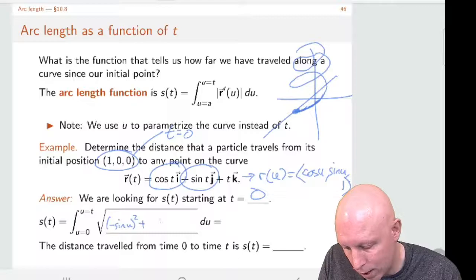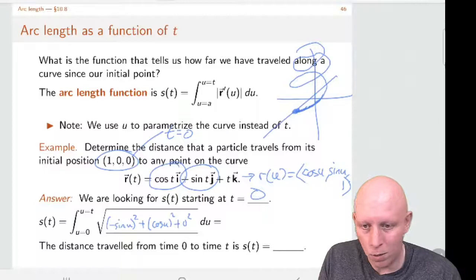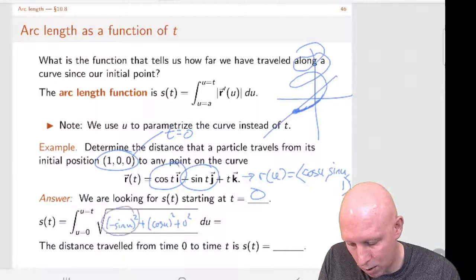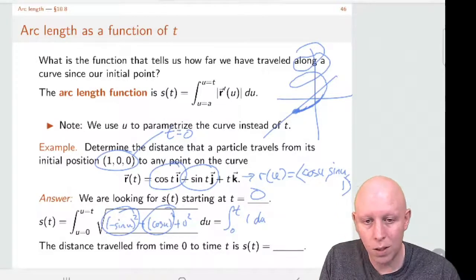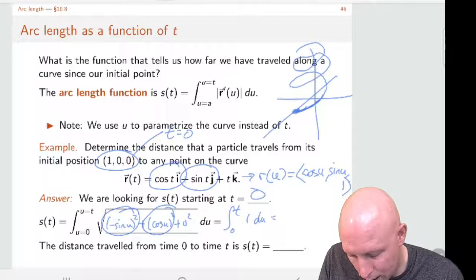The derivative of sine of u is cosine of u, squared. And then the derivative of 1 is 0, squared. We're starting to like what we're seeing because we get a sine squared plus a cosine squared. So this becomes the integral from u equals 0 to u equals t of the square root of 1, which is 1, du. And so this is equal to t.